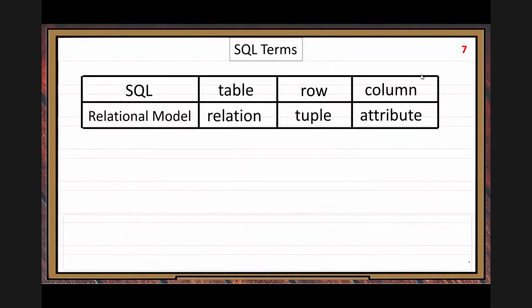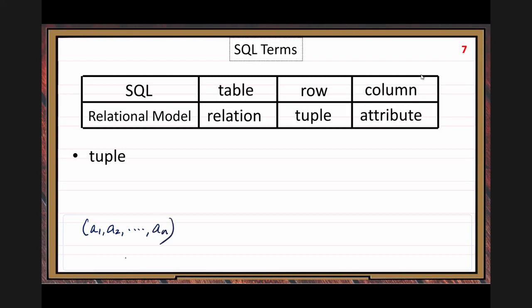So this is my last slide of part A: SQL terms. Tuple is a concept that comes from math, like a vector, A1, A2, a sequence of numbers in a certain dimension.